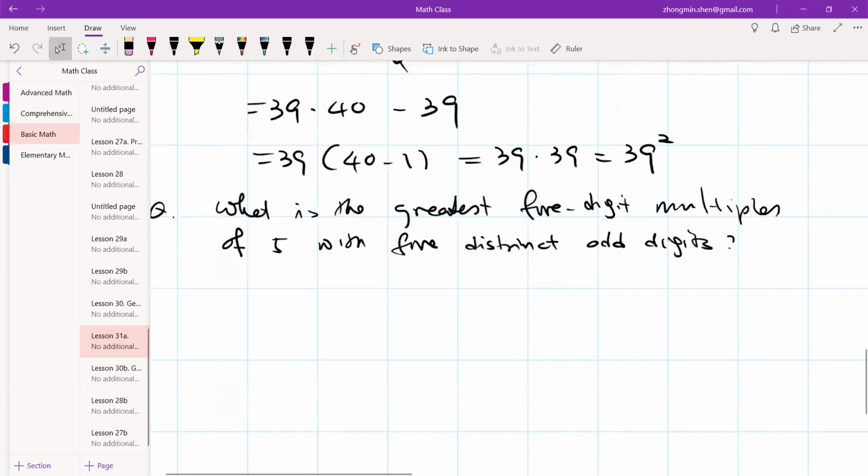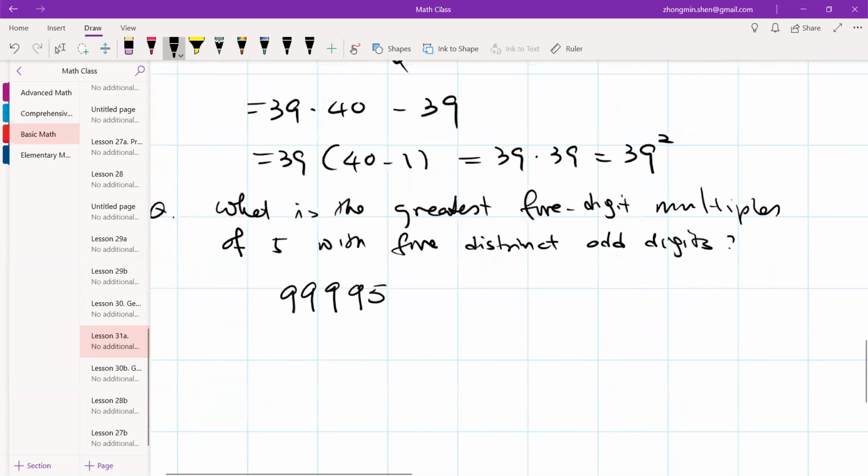So you have to begin with the largest number. First of all, don't consider the last condition. So 99,995. You begin with that.